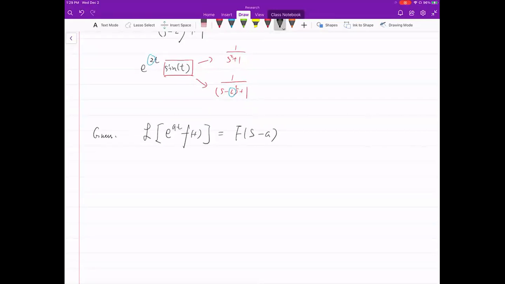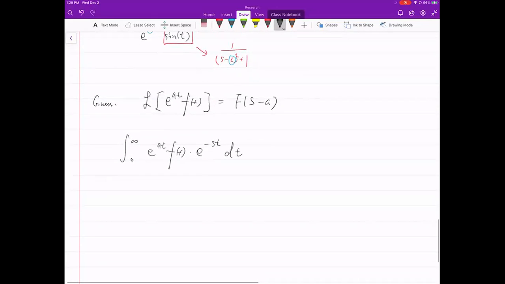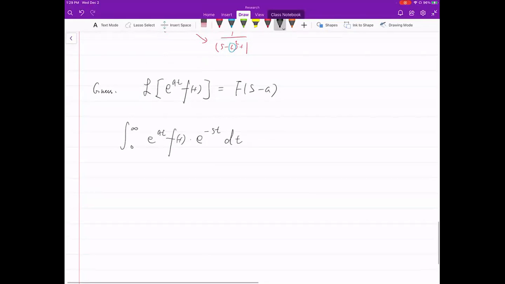That is very easy to verify because L[e to the at f(t)] is the integral of the Laplace transform integrand dt. Then you notice you can merge them together.